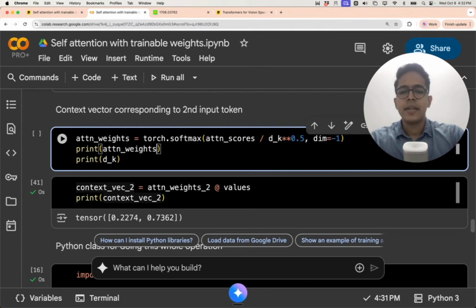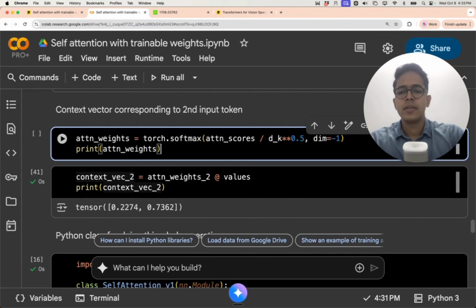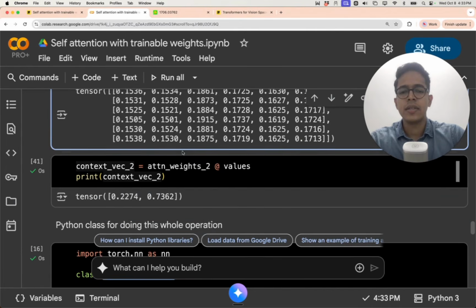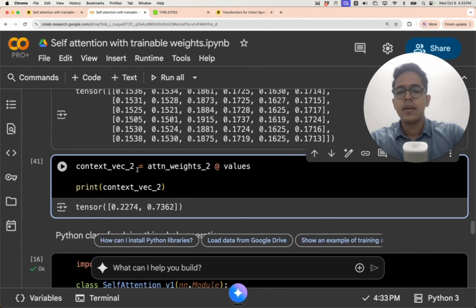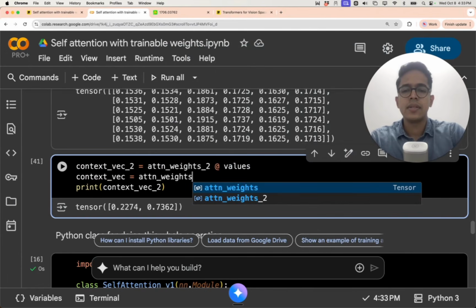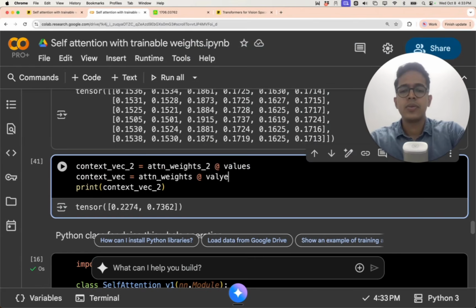And then attention weights are these, and I don't want to print this. So if I do this, I got 6 by 6. And then the entire context vector will be context_vector equal to attention_weights multiplied by values matrix.